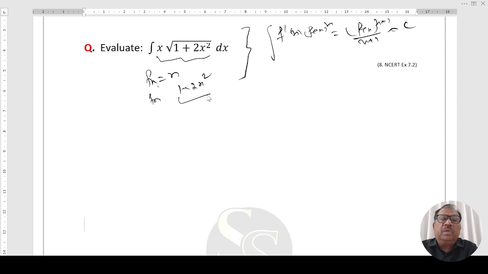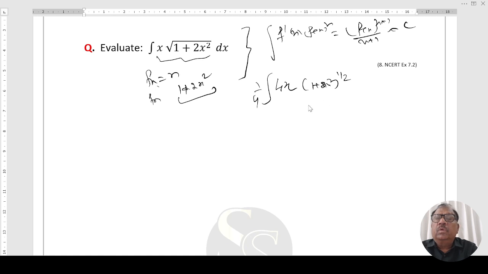इसका डिफरेंशिएशन 4x आता है, right? x is there, means we can manipulate it. We can manipulate means we can multiply and divide by 4x. इसको लिख सकते हैं हम 1 by 4 into 4x into 1 plus 2x square की पावर 1 by 2.